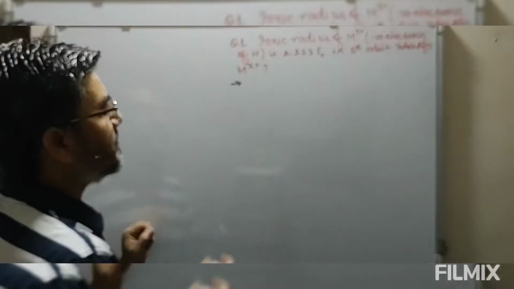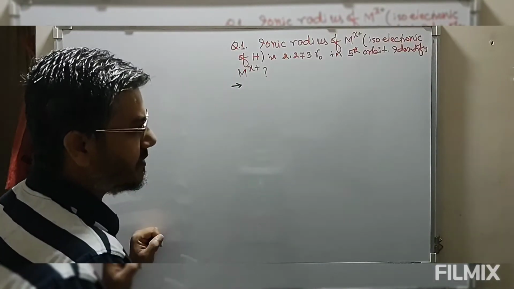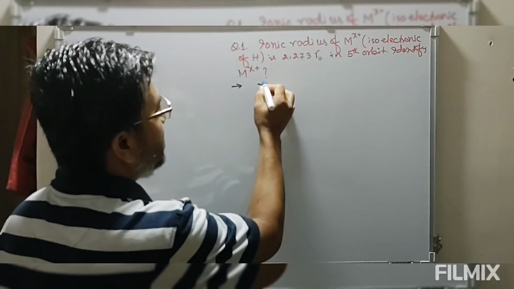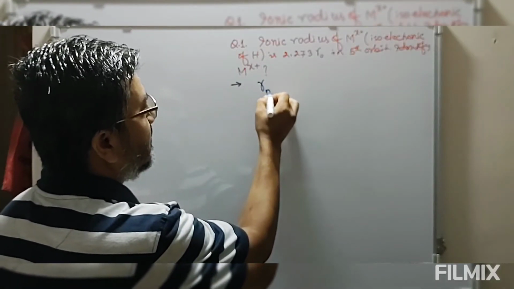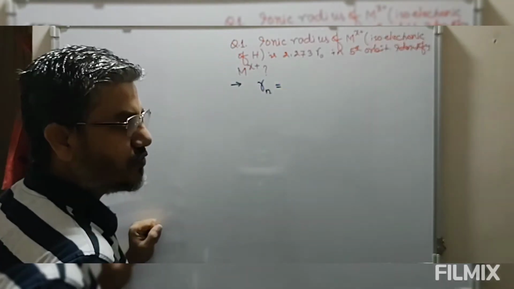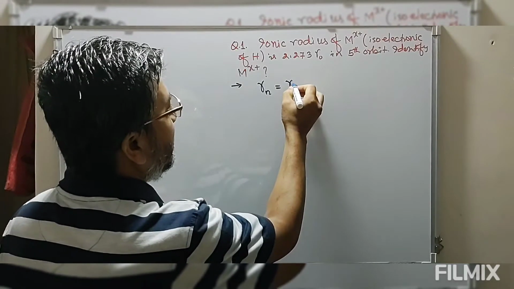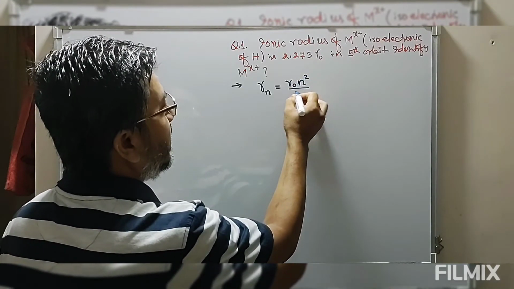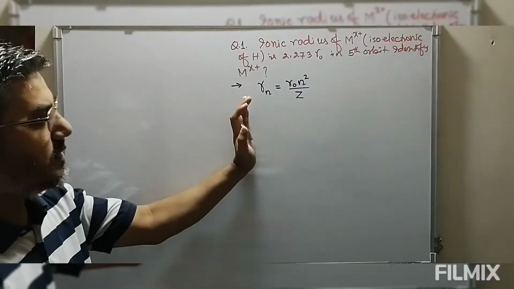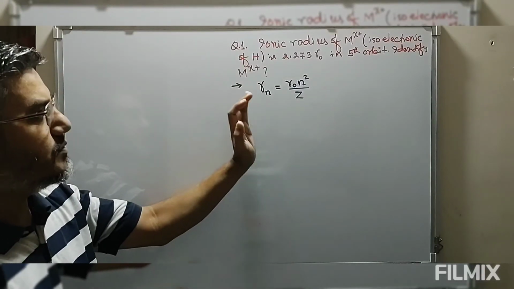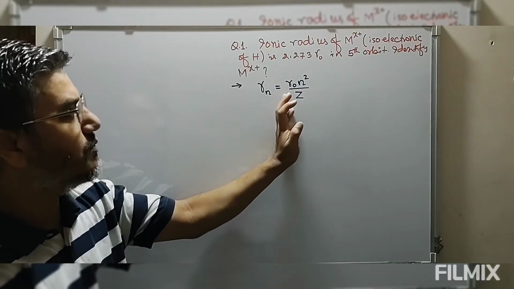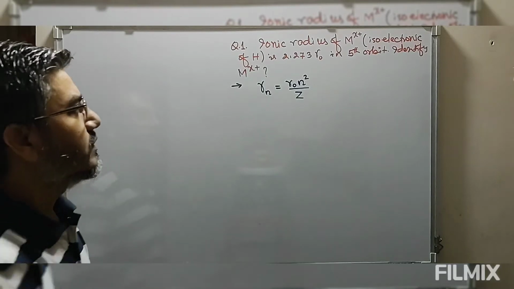So the generalized expression for radius of one electron species, we have this radius Rn. Rn is equal to r naught n square divided by Z. So this is the equation which gives you the radius of circular orbit in terms of the Bohr radius.